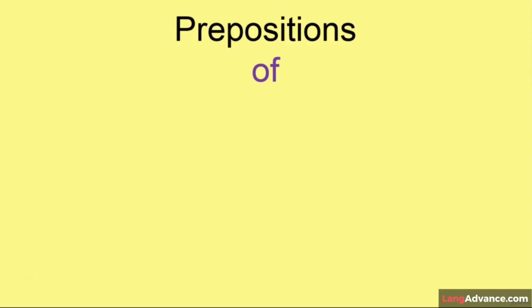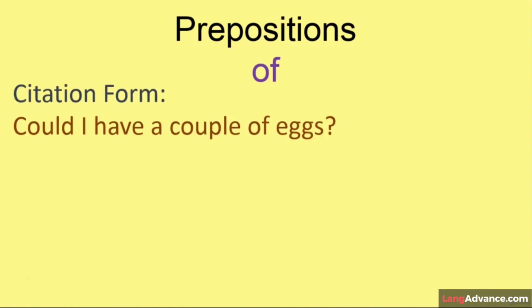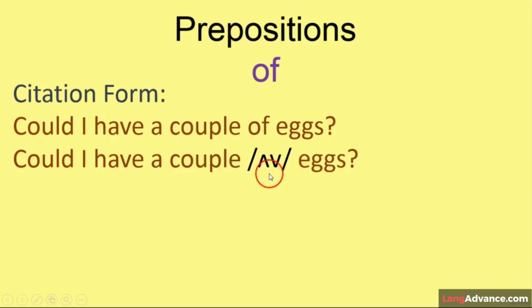I want to continue our discussion of the preposition "of." Here in citation form, we have a sentence, could I have a couple of eggs? And again, we have "of" written in IPA format.